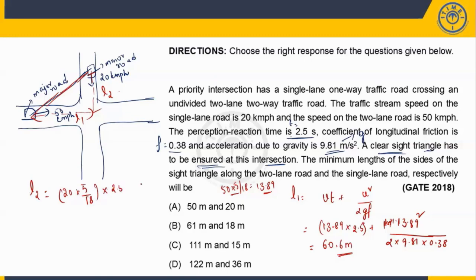Reaction time is 2.5 plus what is 20 into 5 by 18? 5.56. V square, 5.56 square upon 2 into 9.81 into f is 0.38.